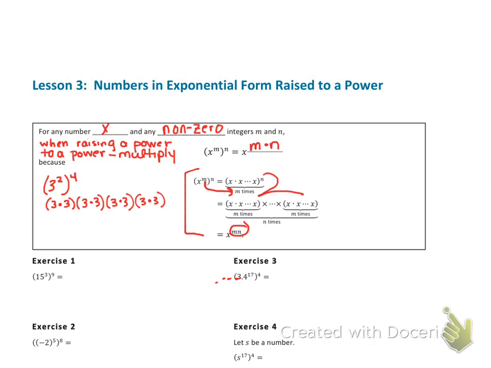And if you count the number of factors of 3 we have there, we have 1, 2, 3, 4, 5, 6, 7, 8 factors of 3, and that happens to be the same thing as 2 times 4. So we can see that the rule of raising a power to a power, multiply, will work on an actual number.